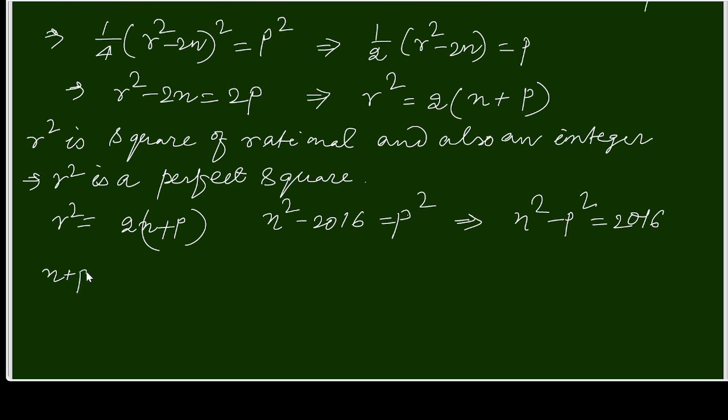So it can be written as (n plus p) multiplied by (n minus p) equals 2016.